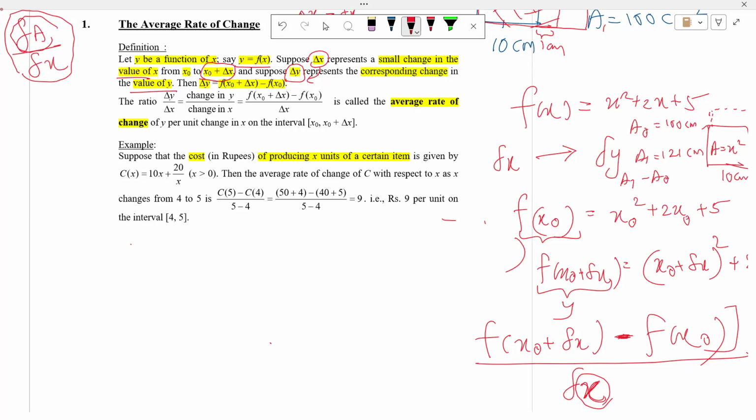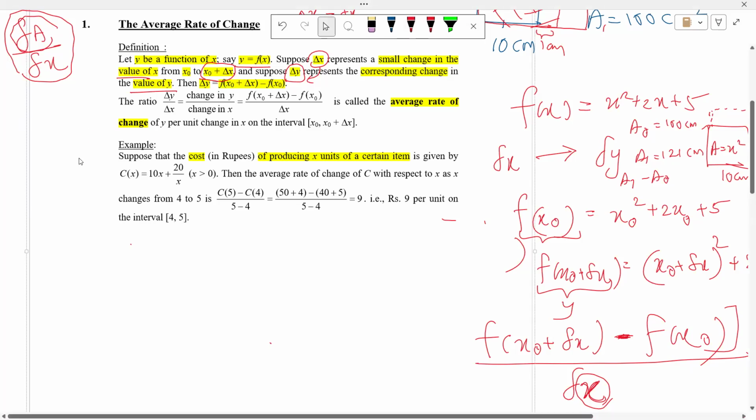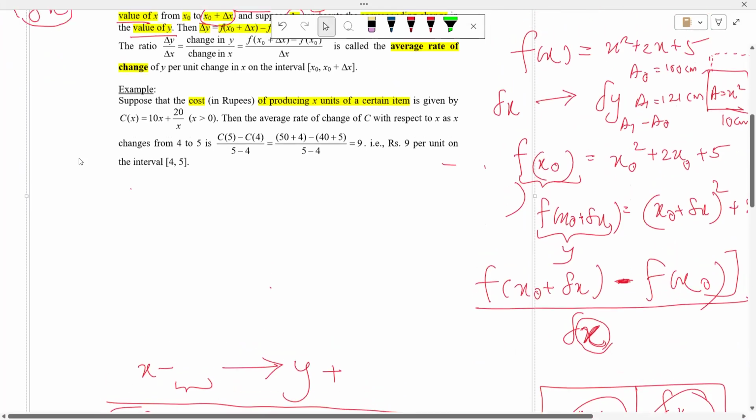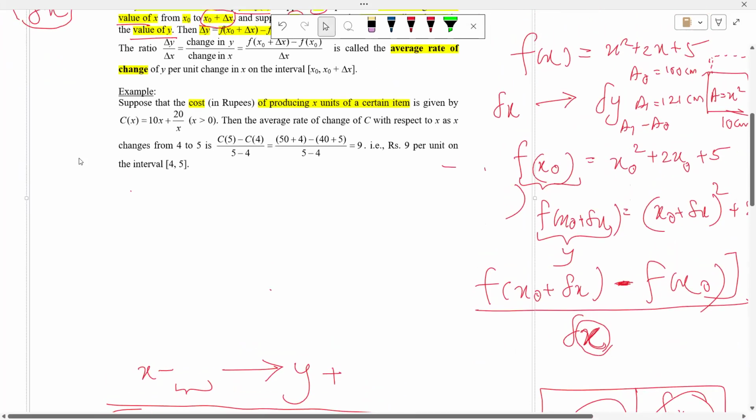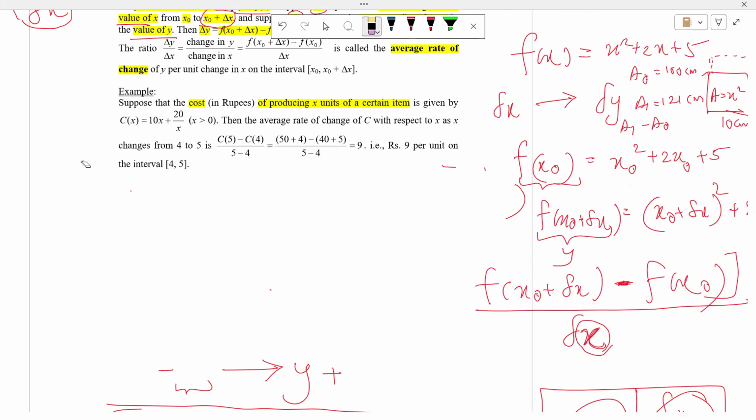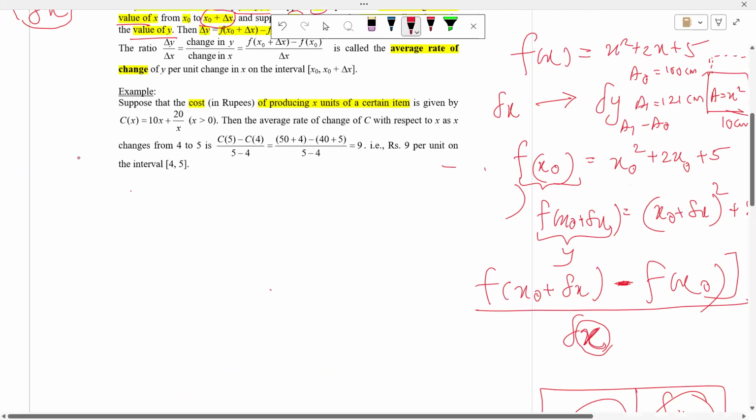Okay, just look at this example. Just imagine you are running a company, right? You are manufacturing something.